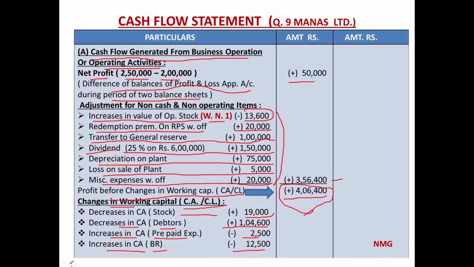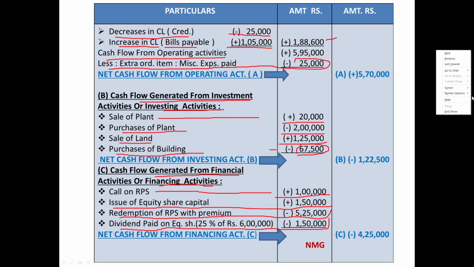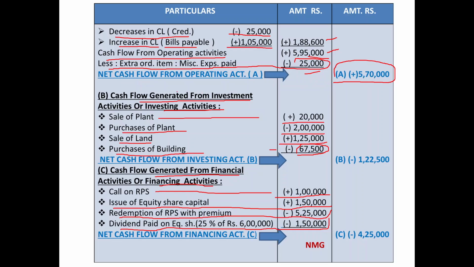Now add this impact of CA and CL, 1,88,600, that gives plus 5,95,000. Cash flow from operating activities minus miscellaneous expenses paid 25,000, that gives the final answer of A, net cash flow from operating activities plus 5,70,000.